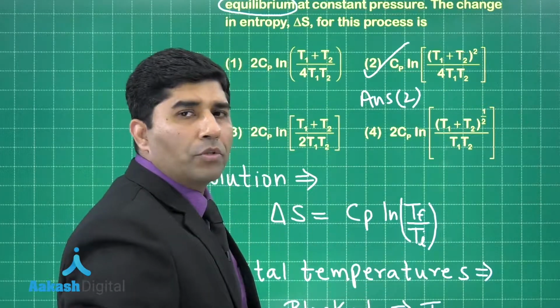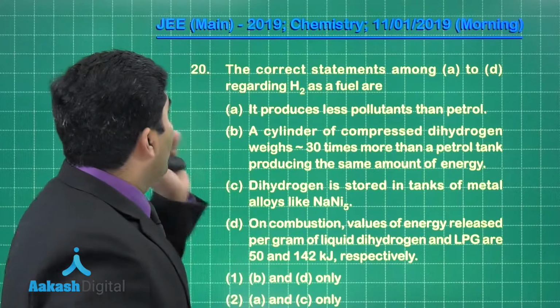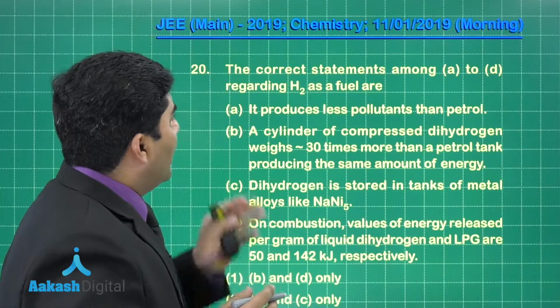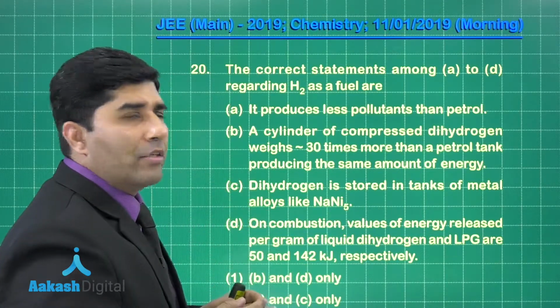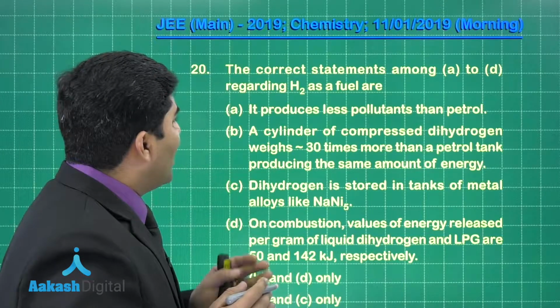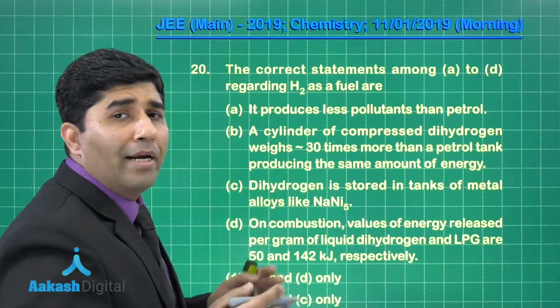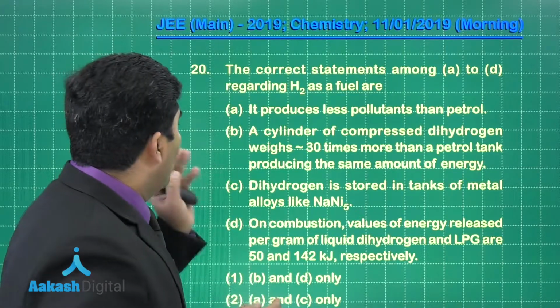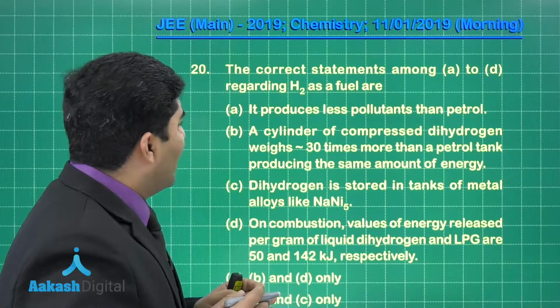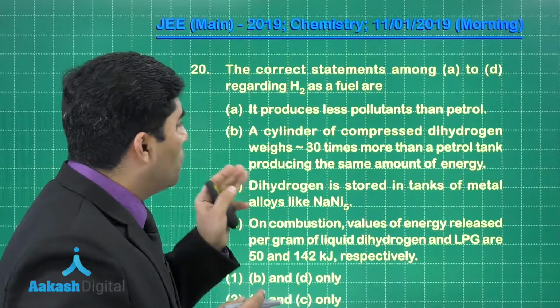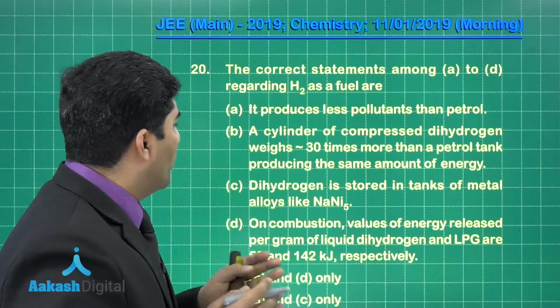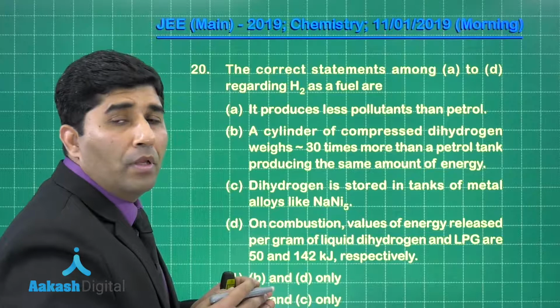Let's move on to the next question. Question number 20: the correct statement among A to D regarding hydrogen as a fuel. It produces less pollutants than petrol. Definitely hydrogen will burn and it will form water. Cylinder of compressed dihydrogen weighs 30 times more than that of a petrol tank, producing the same amount of energy.